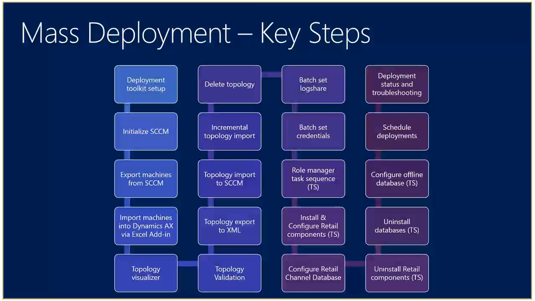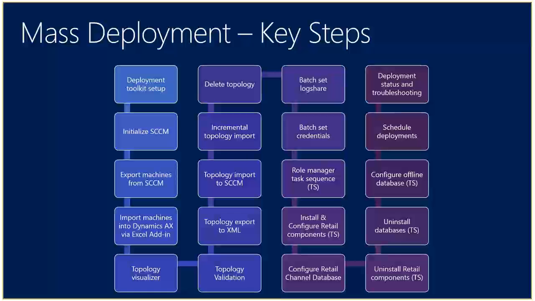You would say, I want to run this task sequence, which is designed to install and configure retail components. So in general, you don't need to again know which components you want to install, because we assume that the majority of that information has already been defined by you when you're defining the topology in AX. So the idea being, we've tried to make it as simple as possible.